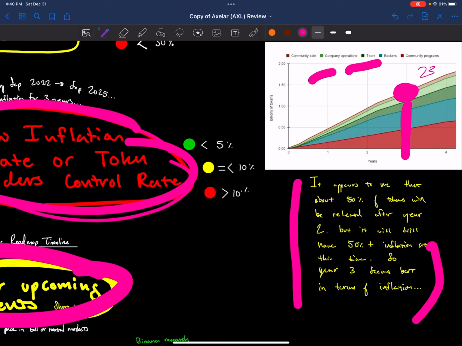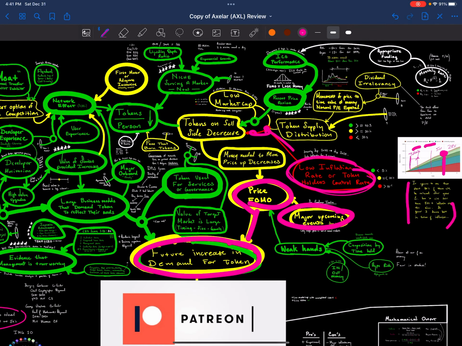From year 2, it'll be 50%. And from year 1, which we're right about here, it's like 300% inflation. So that's why it's negative from the standpoint of the tokens being released.